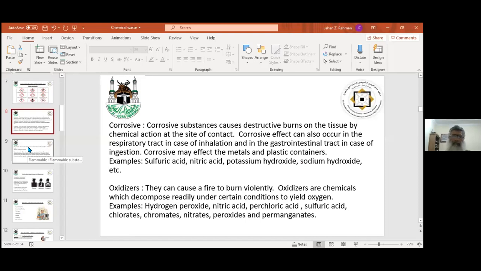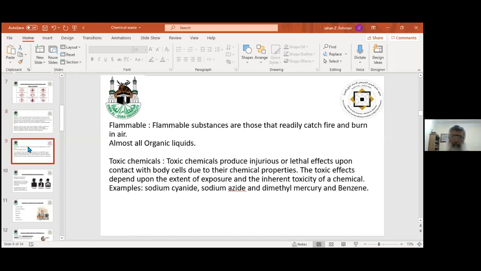Then here are some examples. I don't want to read them again because we discussed them in previous slides, where we were talking about corrosives, oxidizers, then flammable, then toxic chemicals. I'm on this slide for a few seconds. If you want to read it, you may read it. Then we will go to the next slide.